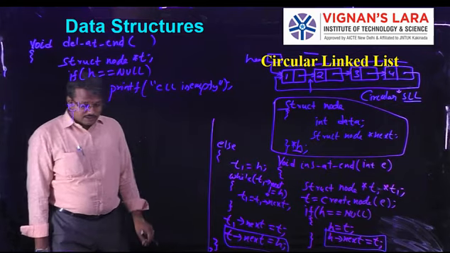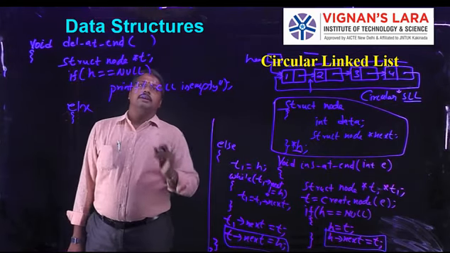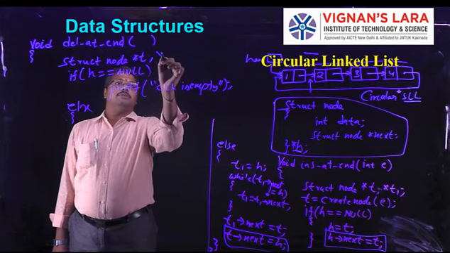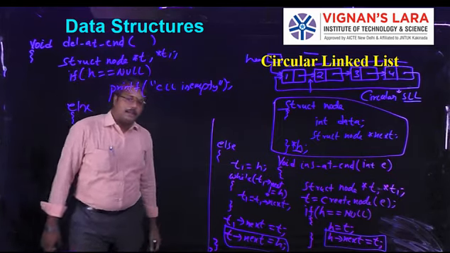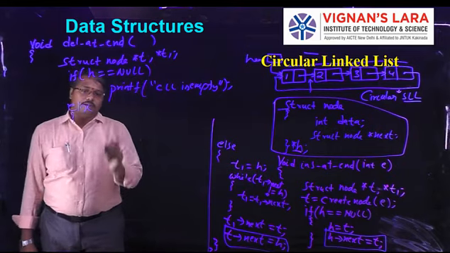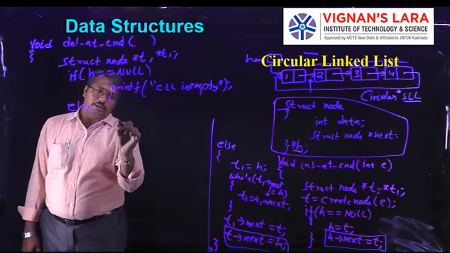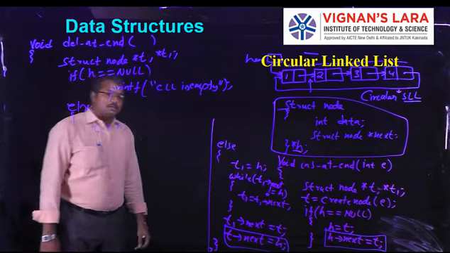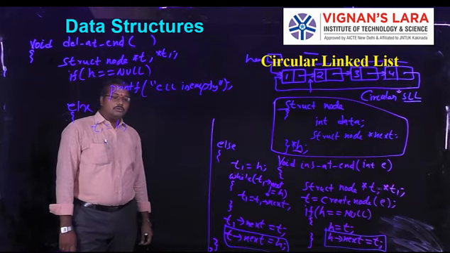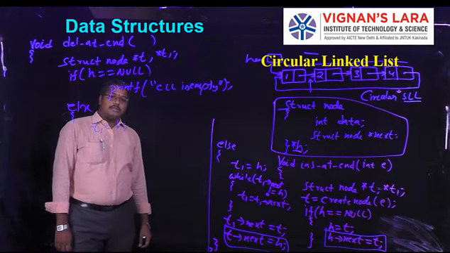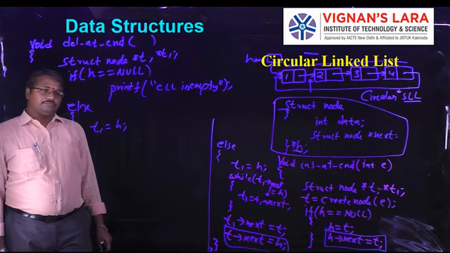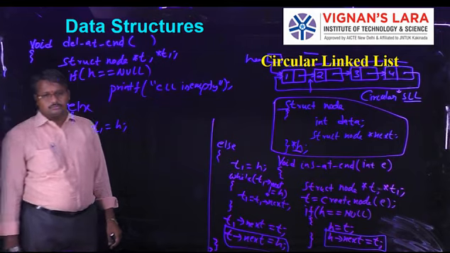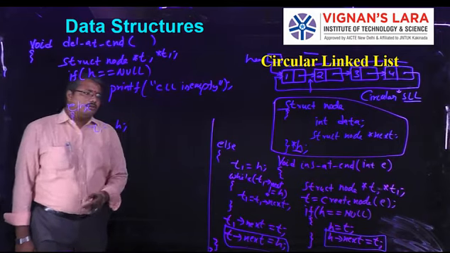So here also, for traversal purpose, we need a temporary pointer. That's why I am creating a temporary pointer T1 and I am copying the starting node address into T1.